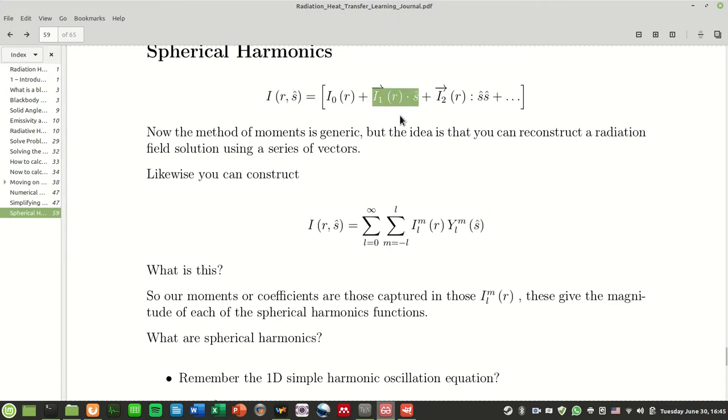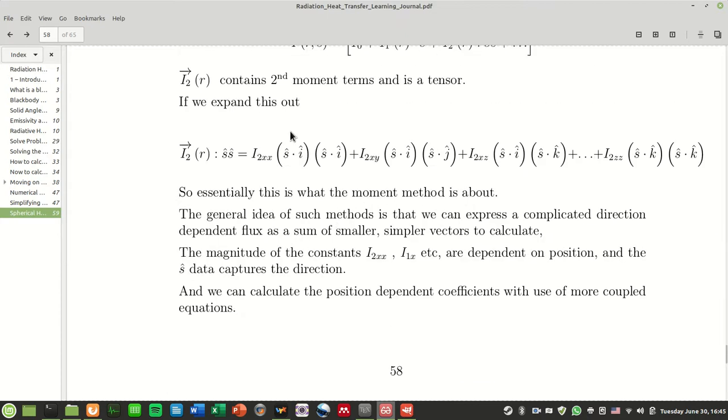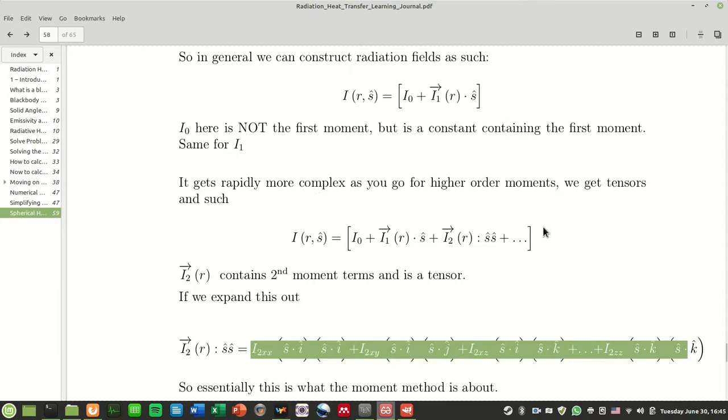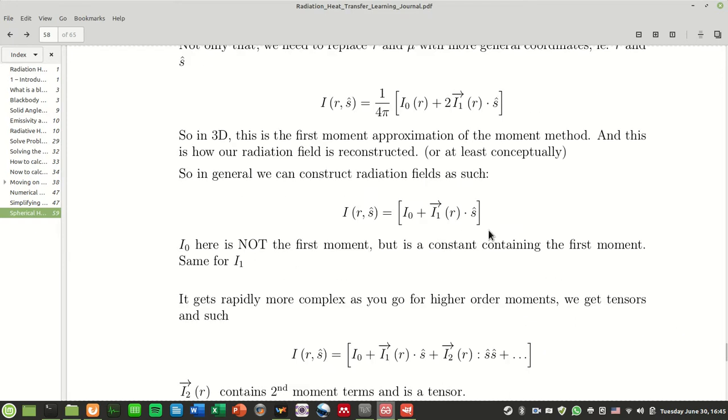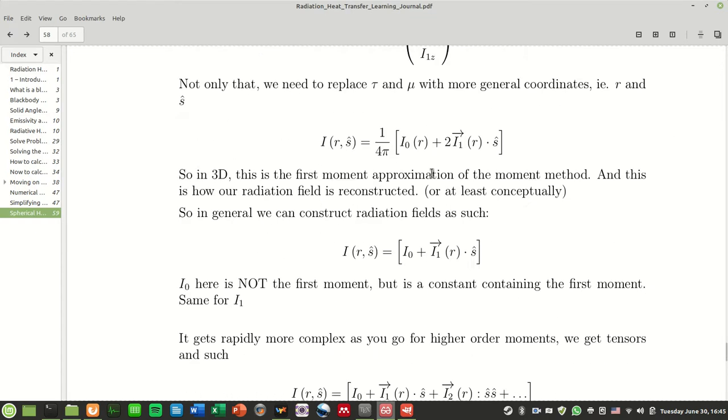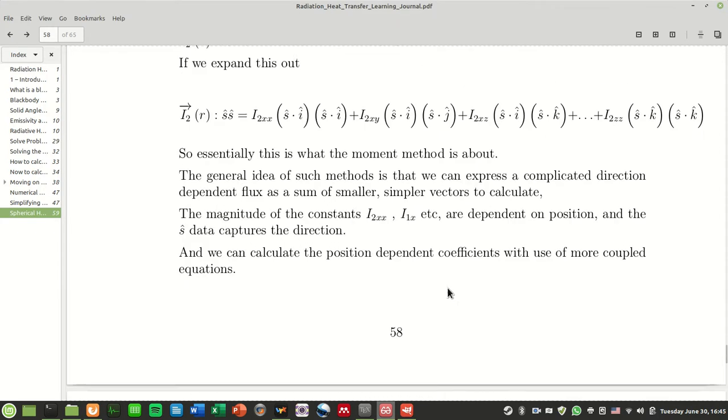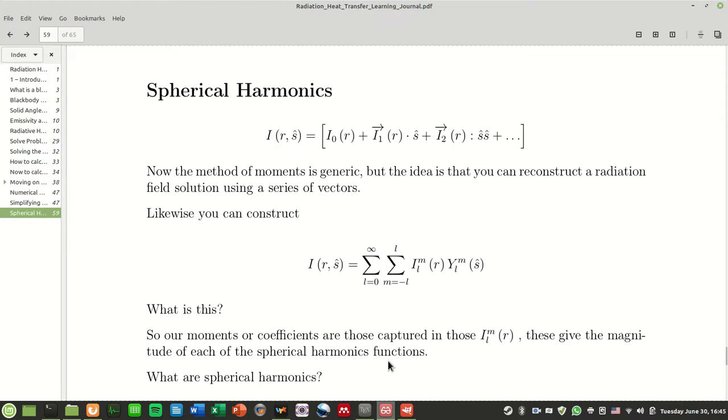It's a series of summation terms, and likewise this is another series of summation terms. Like you see before, the I2(r,s) is this whole thing all together, and likewise the simpler one, I1(r).s is yet another few summation terms together.